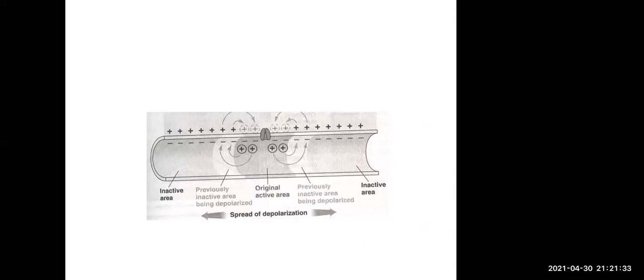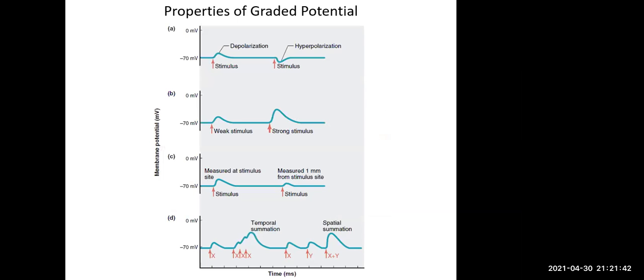It travels in either direction, but it will die out if there is no further stimulus. In this diagram you can see that when you apply the stimulus, a depolarization is produced. If there is a release of different neurotransmitters, it can produce hyperpolarization.